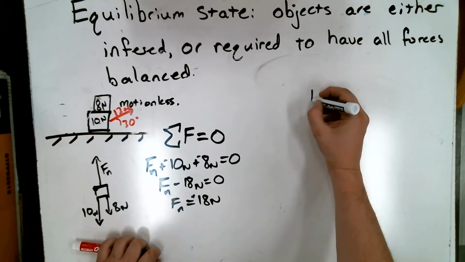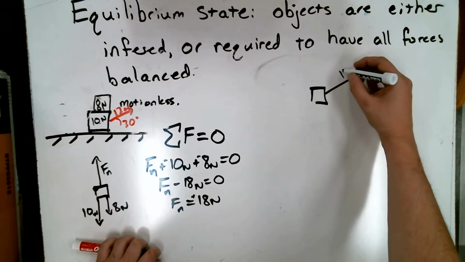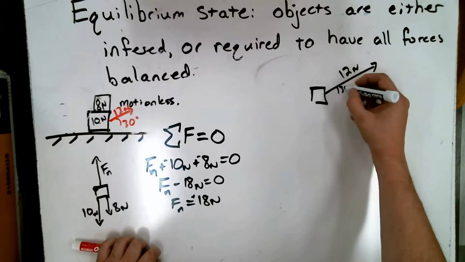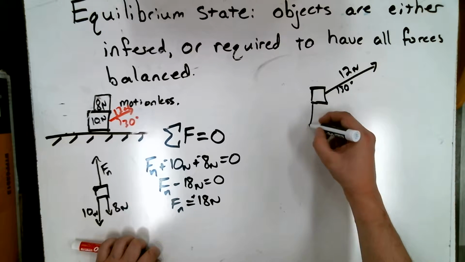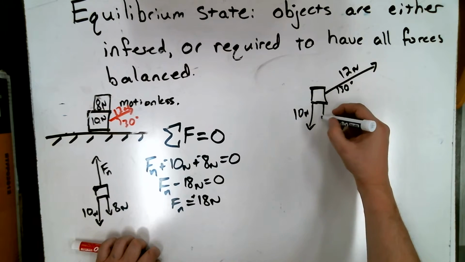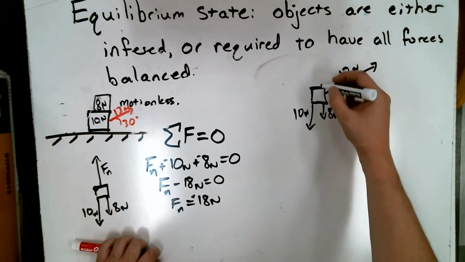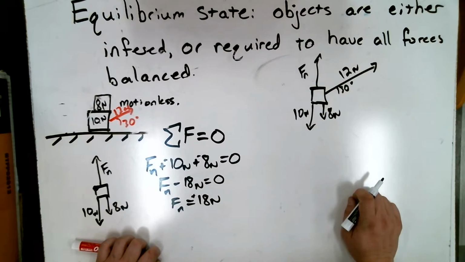So now I have my box. I have 12 newtons this way at 30 degrees. I have 10 newtons down, and I have 8 newtons down, and I have a force normal up.